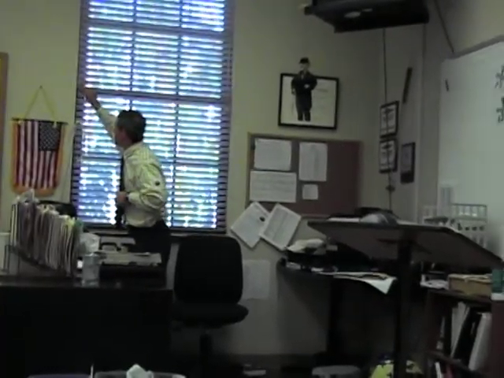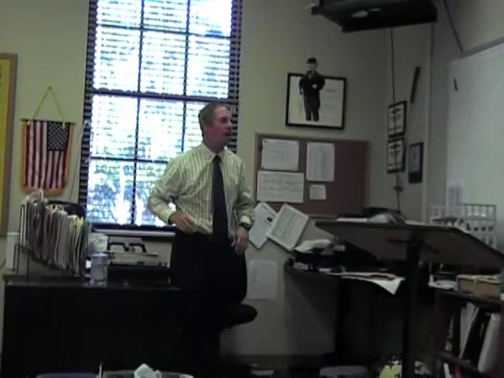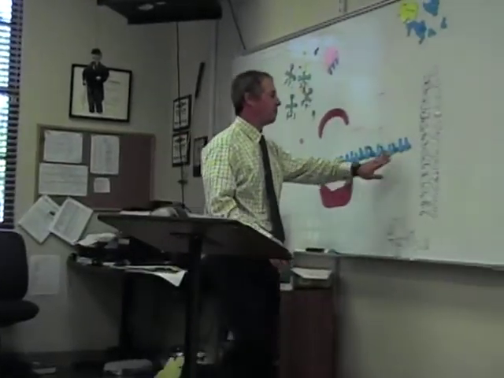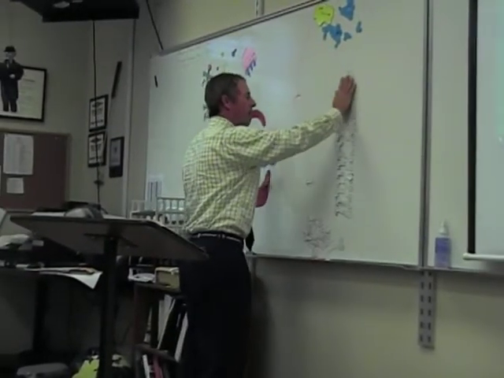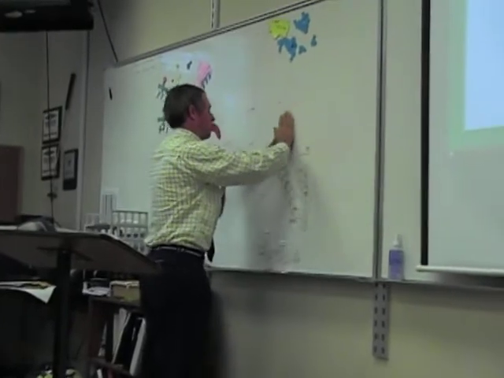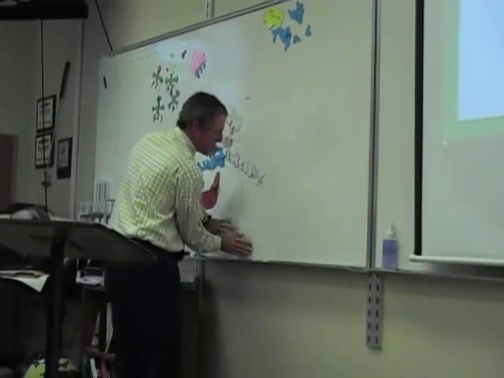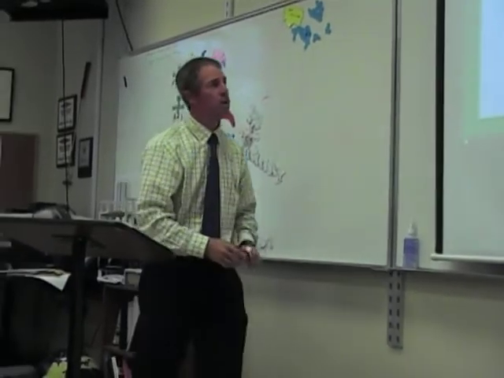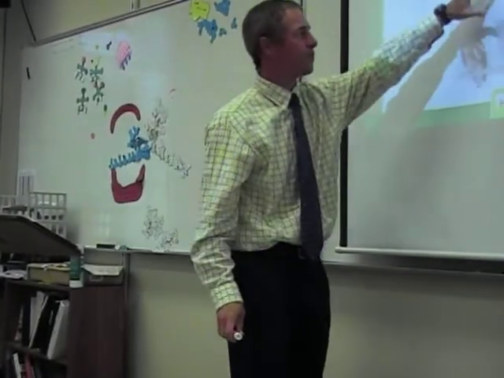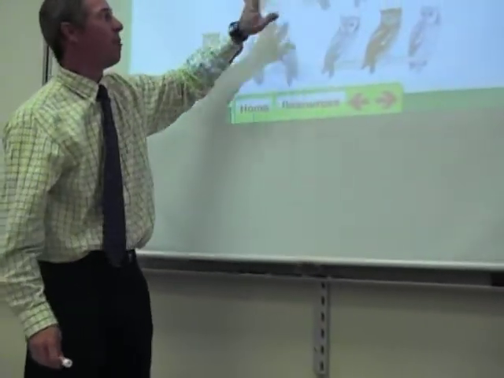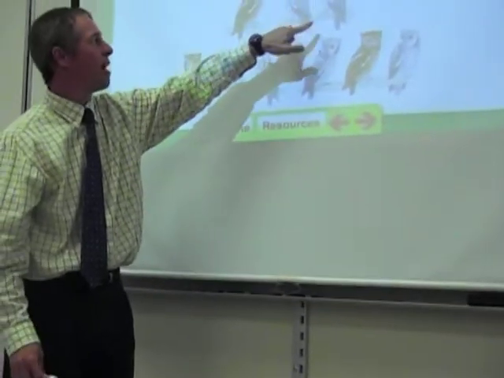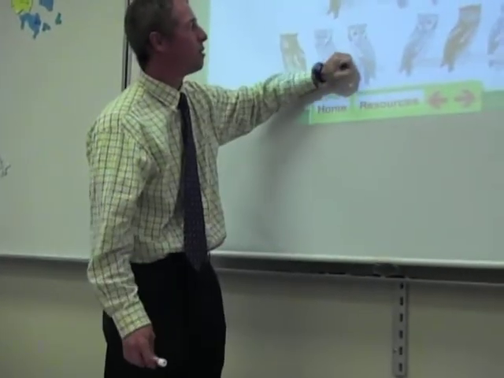Page 431. This starts our discussion on what we call Hardy-Weinberg equilibrium. Here we see a population, a small population of owls. 2 gray owls and 1 red owl.